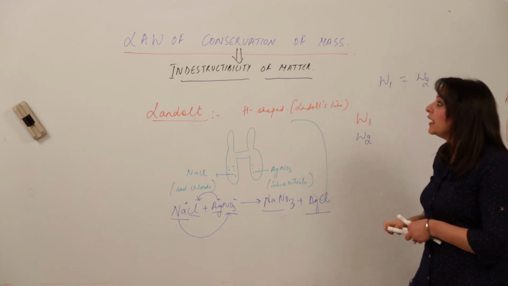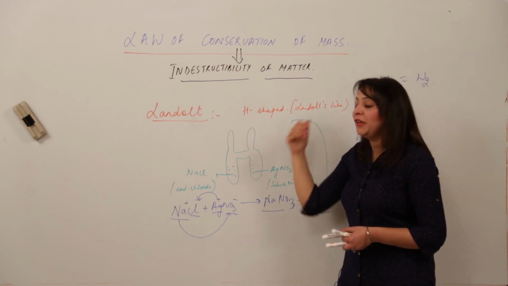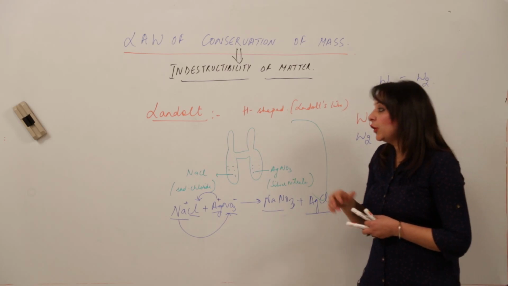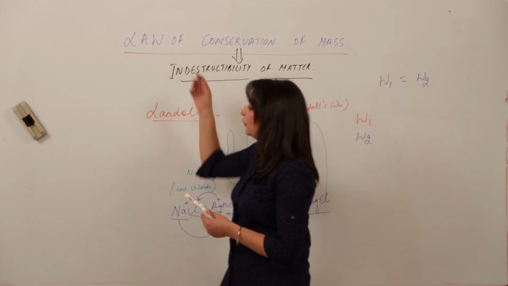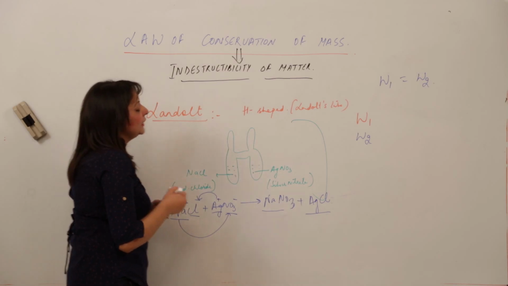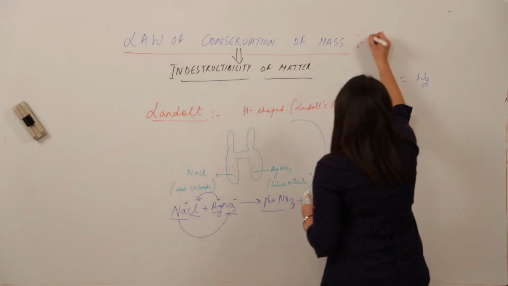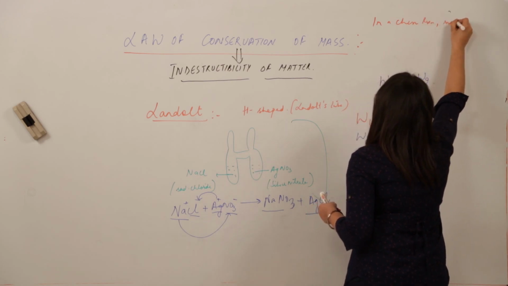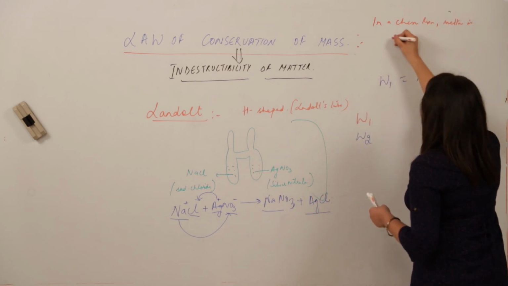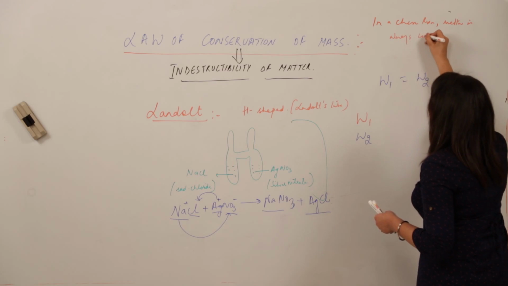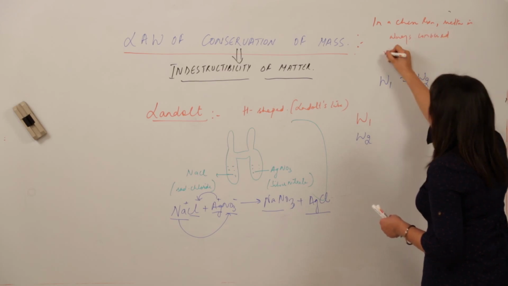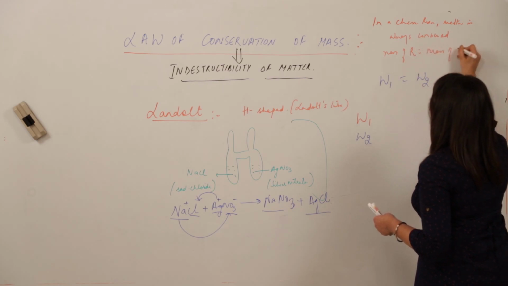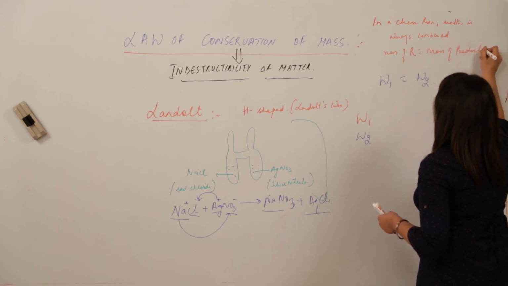This shows that matter cannot be created nor destroyed, it is always conserved. So it leads to the formulation of the law of conservation of mass, which states that in a chemical reaction, matter is always conserved. That is, the mass of reactants is always equal to the mass of products.